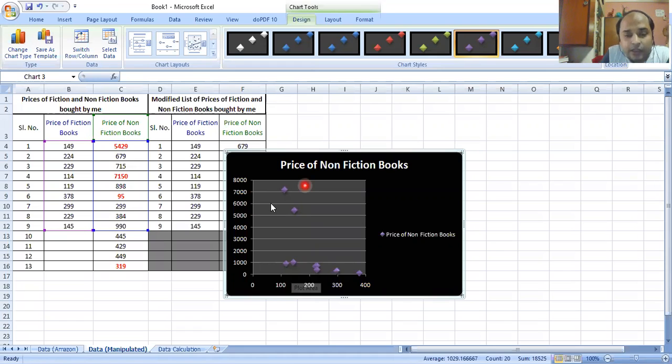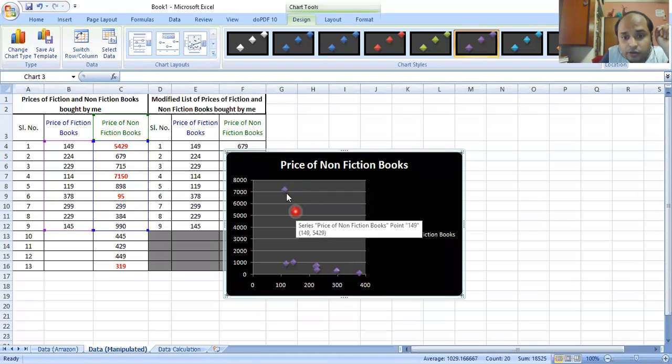But if you look at these two prices, say this dot and that dot, you see what is happening here. This dot corresponds to 7150, which is the very highest price for the non-fiction book, and this corresponds to 5429, the price of another book.